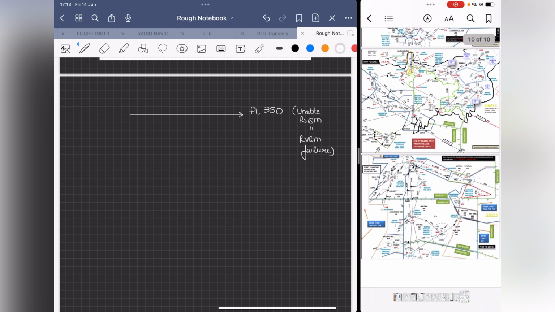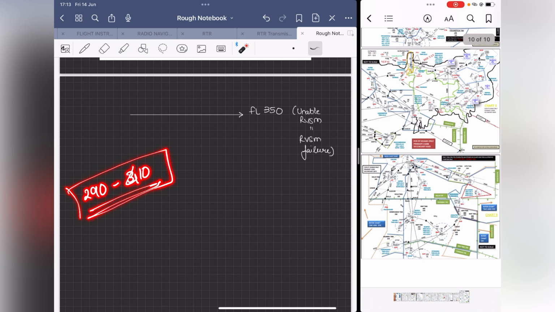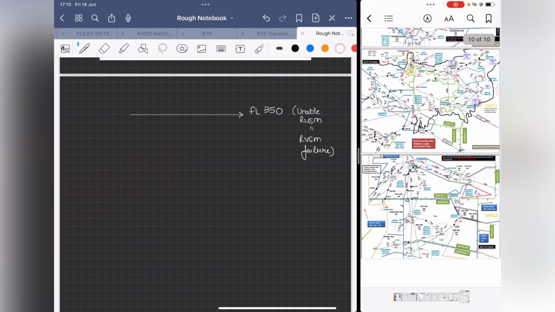And now, just retracing our steps, where did RVSM airspace extend from? RVSM airspace extended from 290 all the way up till 410, right? So I want to leave this portion of flying. So what I intend to do is descend down to the highest non-RVSM level.